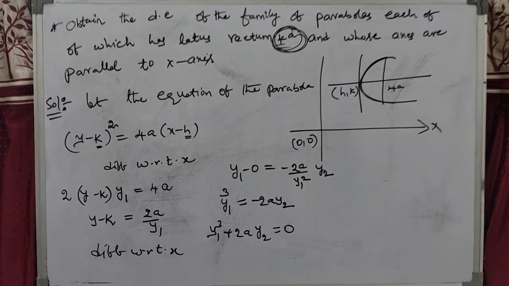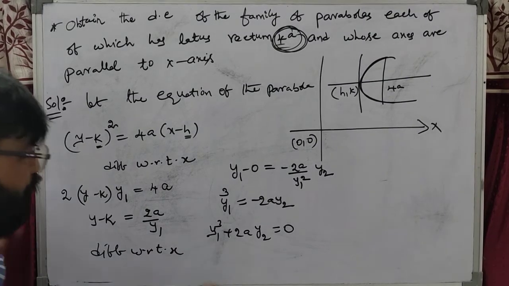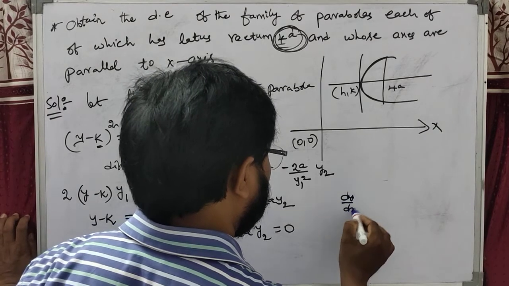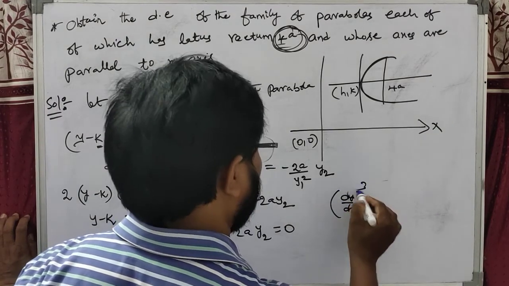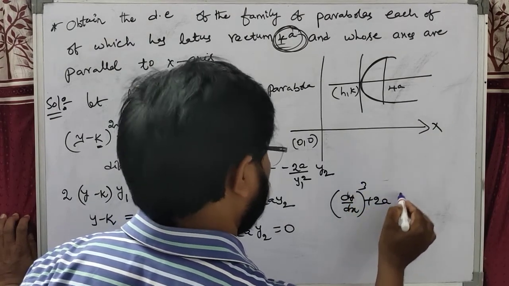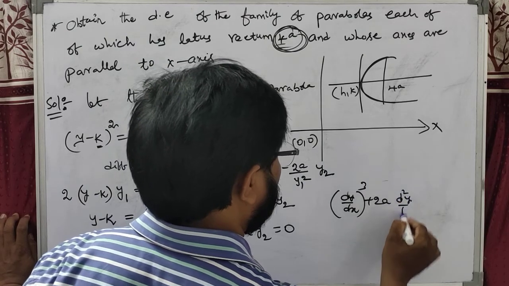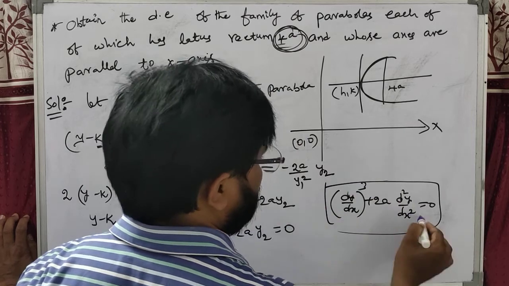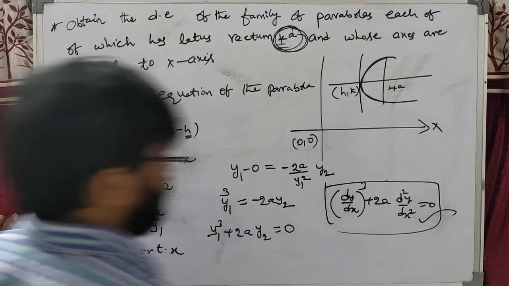Here y1 cube means the dy by dx whole cube plus 2a into d square y by dx square equal to 0. This is the required differential equation.